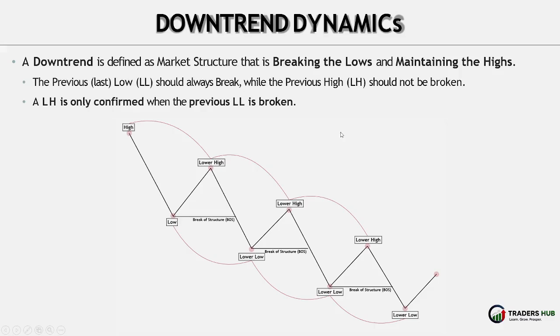So a downtrend, through the breaking of the lows, prints the sequence of lower low, lower high, lower low, lower high, lower low, lower low, lower high.